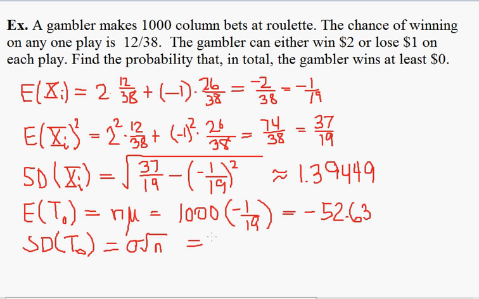So that's equal to 1.39449 times the square root of 1,000, and so plugging that into the calculator gives us $44.10, rounded off to the nearest cent.